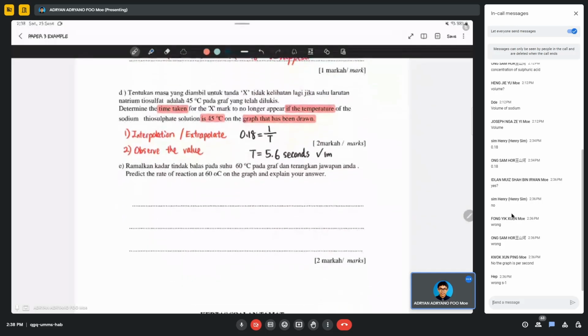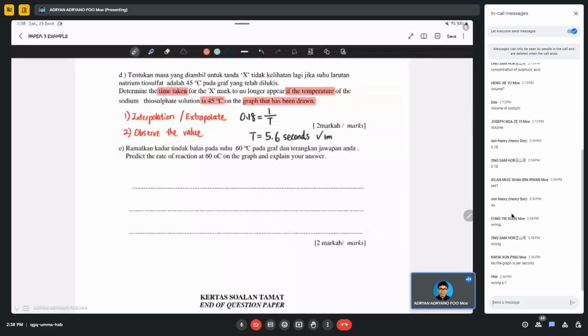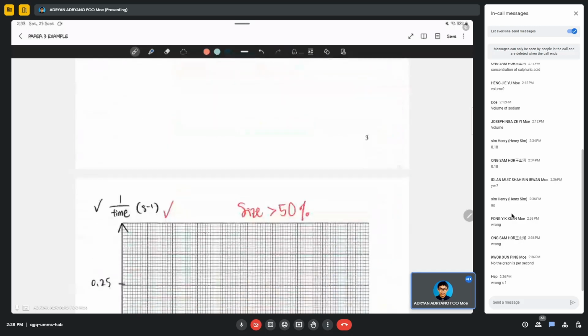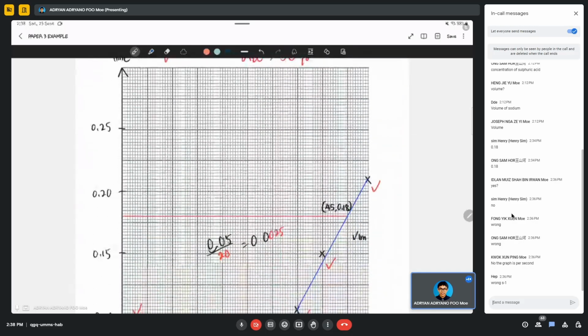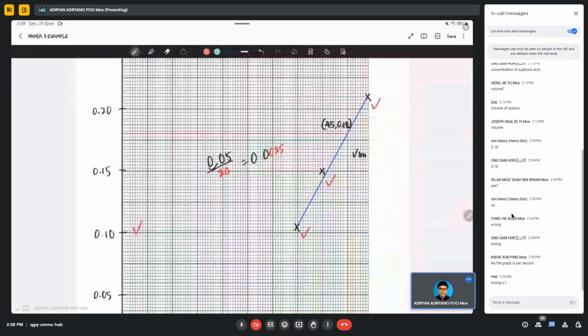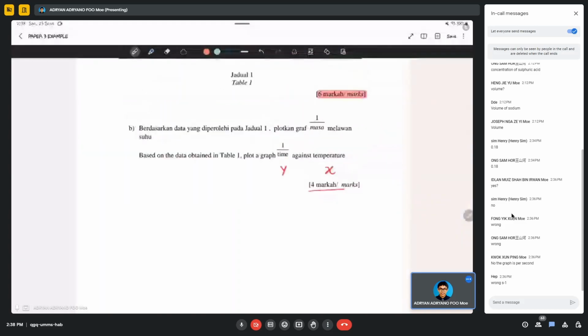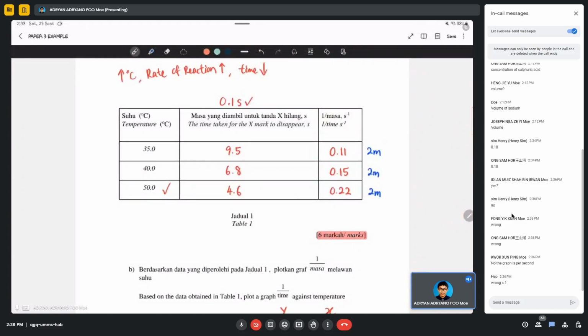Okay, next. Predict the rate of reaction at 60 degrees Celsius on the graph. Okay, we look at the graph. We know they go up in a regular pattern. Just now at 50 degrees, the time was 4.6 seconds and the value was 0.22.